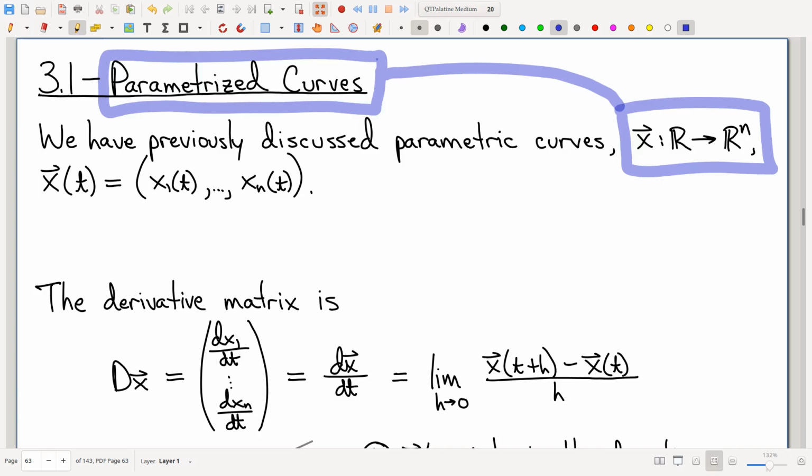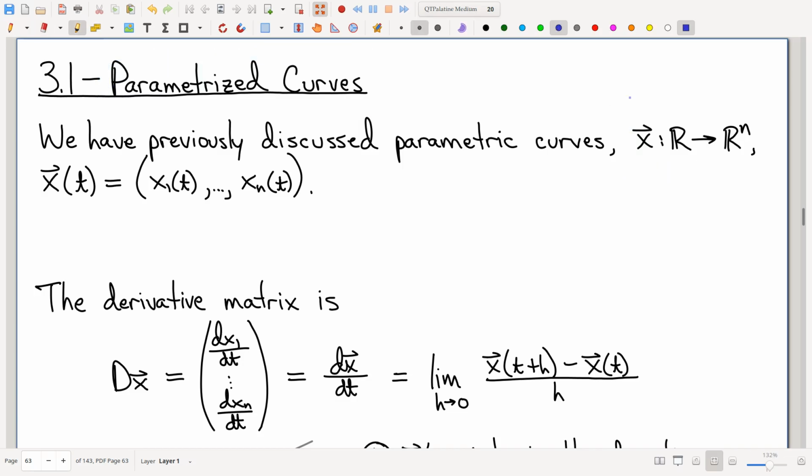It doesn't have anything to say about what we're doing here, because here we're not looking at a graph. If we were looking at a graph, there would be a t-axis. There isn't a t-axis when you draw a parametric curve. You just have spatial dimensions when you draw a parametric curve. Okay, so we've got to kind of discover here a completely new point of view on how to think about a derivative.